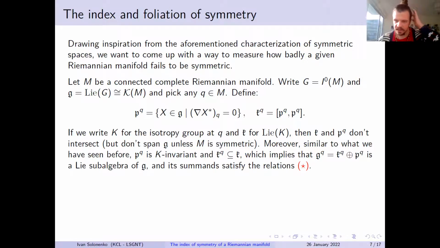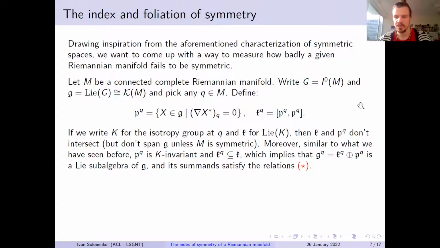So we know that overall, we have the K piece, the PQ piece, and we know that the bracket of PQ piece with itself lies somewhere in K. Okay, so we take the KQ, which is the bracket of PQ with itself, and PQ, and consider their direct sum, which is some Lie subalgebra of G. The fact that it's a Lie subalgebra is just direct computation.